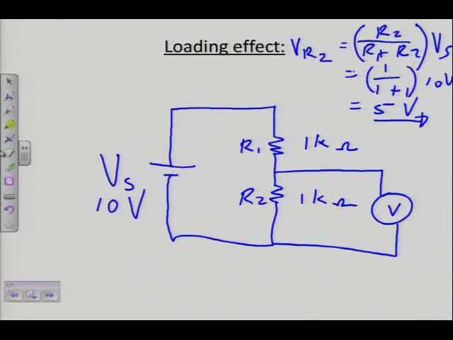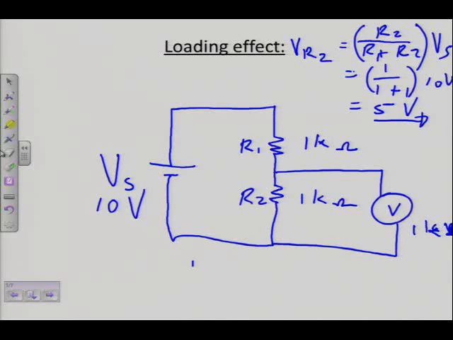Let me explain why. Say for instance, the internal resistance of this voltmeter is low. Say for instance it is, my writing on this thing is not so hot, that's 1 kilo ohm. So R2 is 1 kilo ohm. The internal resistance of the voltmeter is also 1 kilo ohm.